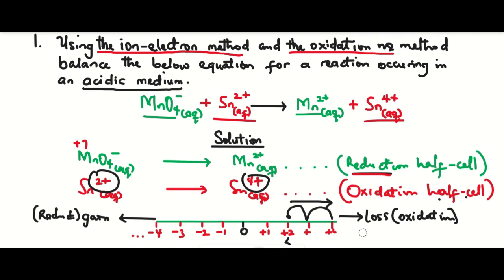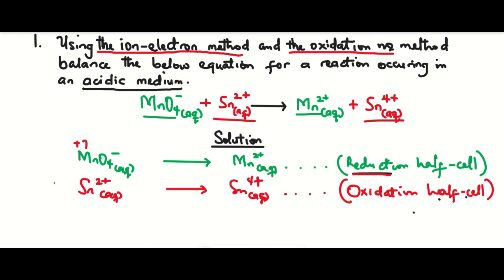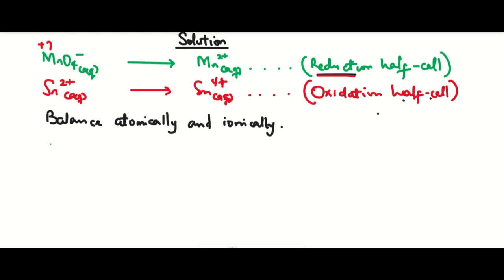Having divided the given equation into 2 half cell equations, we then try to balance the half cell equations atomically and then ionically. So working with the reduction half cell equation first, I have MnO4- to give Mn2+. Note that we are to balance atomically first before balancing ionically.